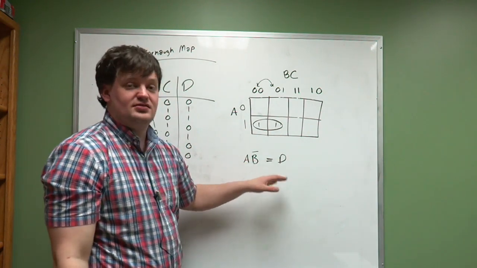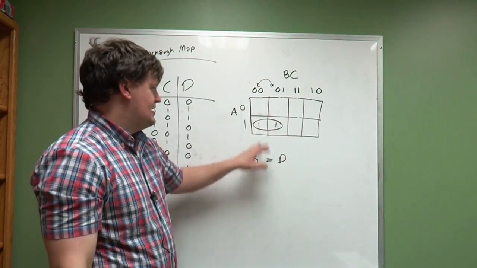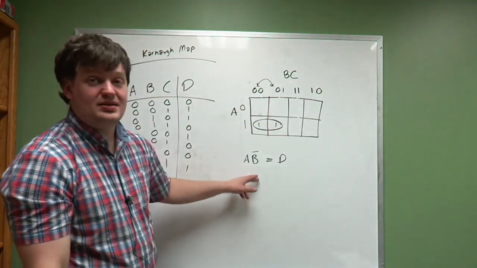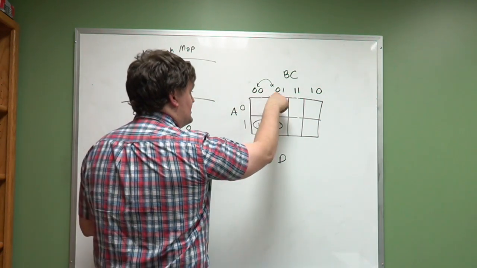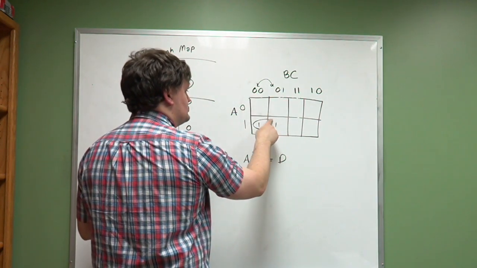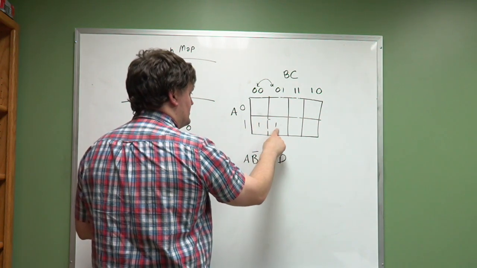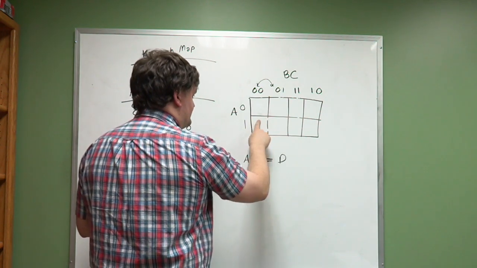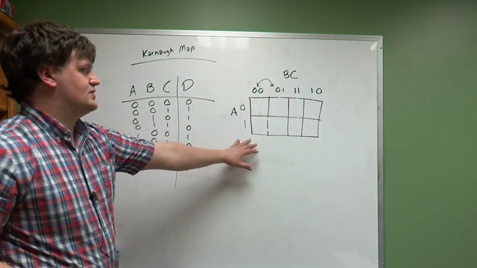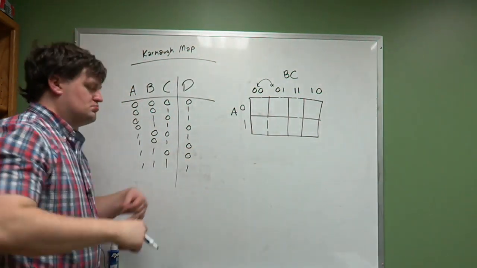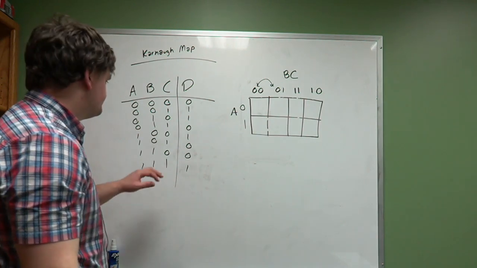That's it. If these two are on and nothing else is on, then it's A, B not. Because A is on, and B is on. Now we do have a truth table over here that we're going to populate this with. So we'll work on this a little bit.